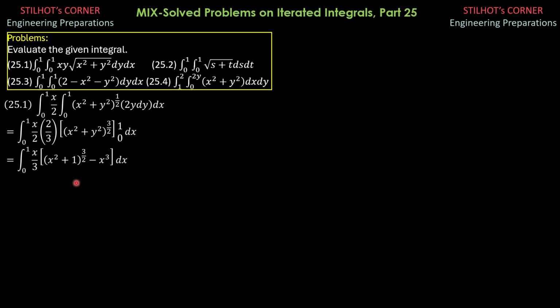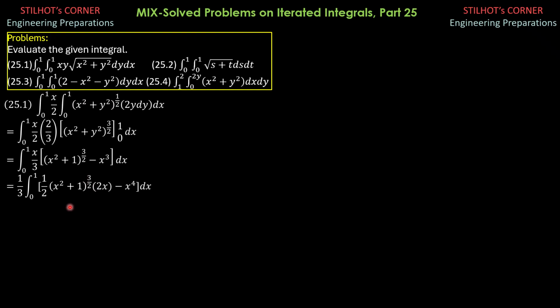Distribute x, and take note that if we put u be x squared plus 1, the differential is 2x dx, so we have to introduce 1/2 again. So 1/3 integral 0 to 1 of 1/2 times the quantity x squared plus 1 to the 3 halves times 2x, minus x to the 4th after we distribute x dx. So this is in the form 1/2 u to the 3 halves du.